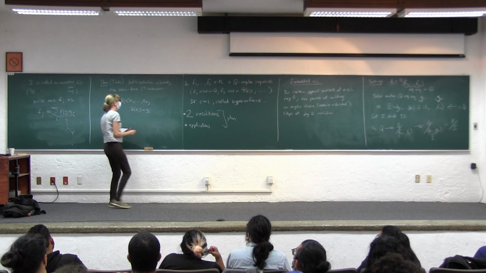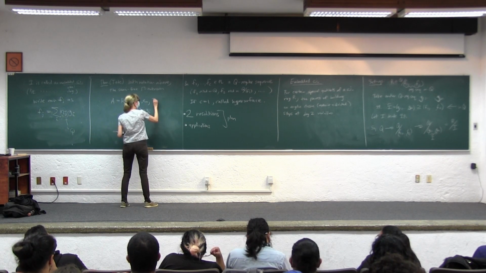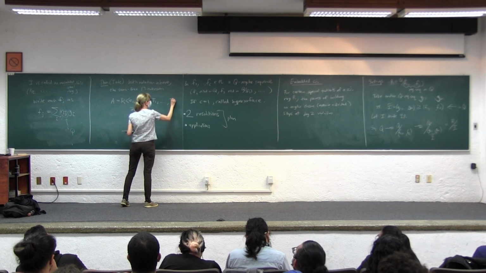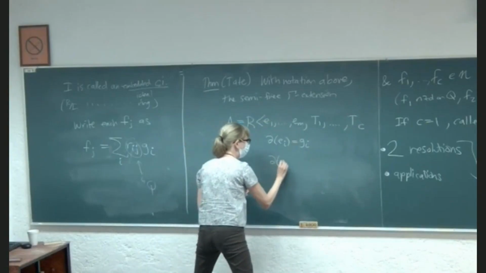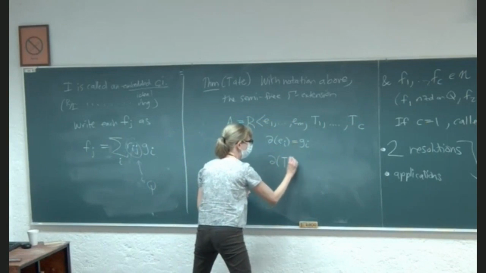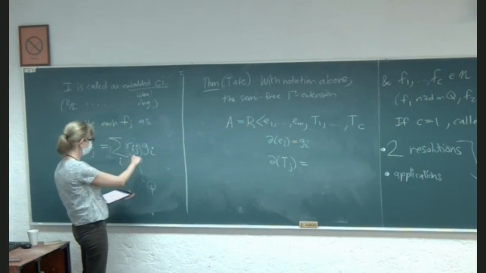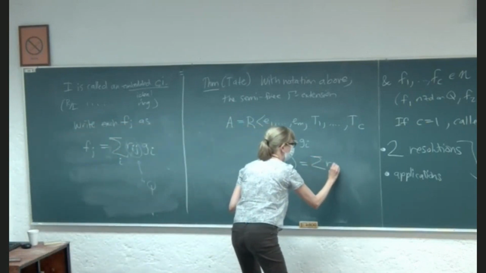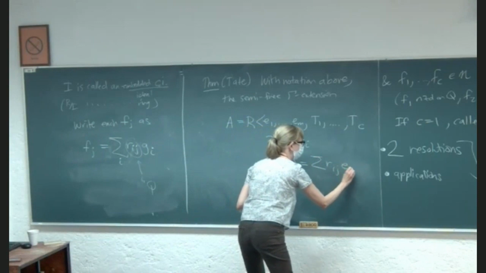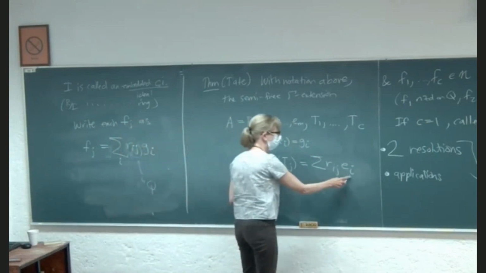Okay, so I'm going to take T1 through Tc, because that's how many F's I have. And I want the boundary of Tj to be the cycle, the sum of Rij Ei. So I've just taken the G and made it an E.